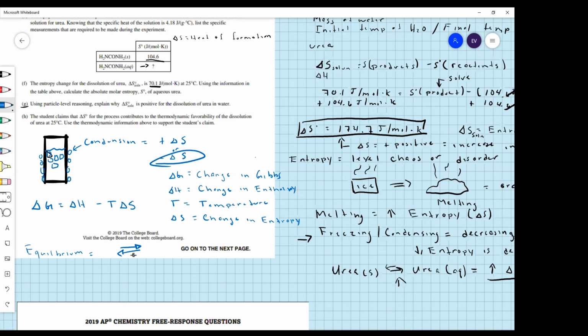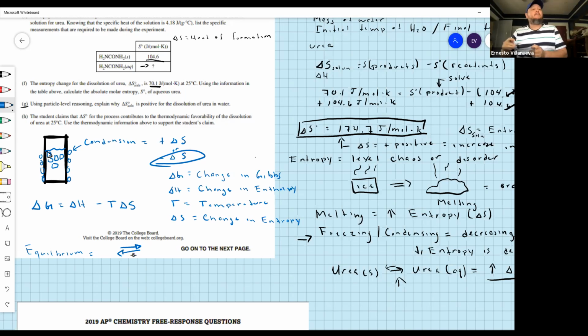Okay, all right, so equilibrium. Equilibrium means that an equation goes in both directions. It can either go to the right or it can go to the left. This equation helps you determine which direction it's going to go.